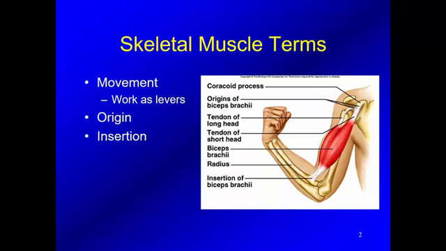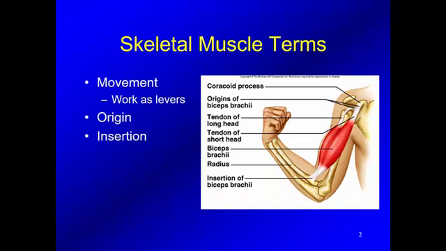The easiest example here is the biceps muscle. Its origin is the scapula. You can see the attachment there to the coracoid process and underneath into the above the glenoid cavity. So the origin is the scapula, and when that muscle contracts, it pulls the lower arm toward the body.